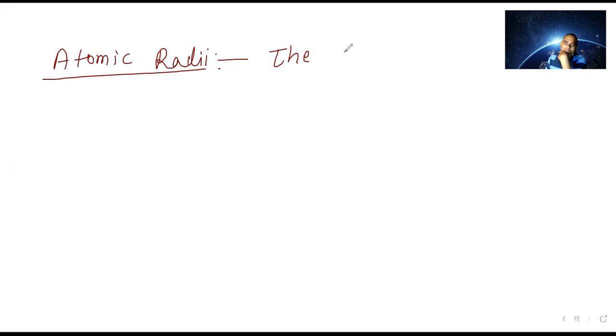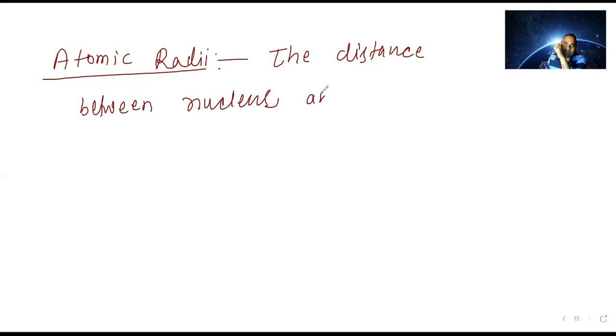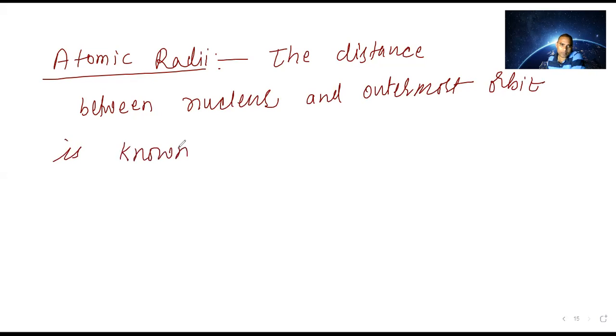The distance between the nucleus and the outermost orbit is known as atomic radii.